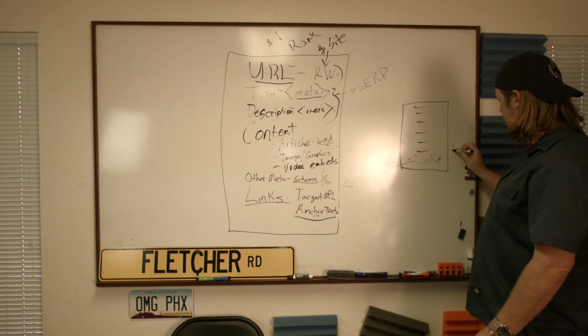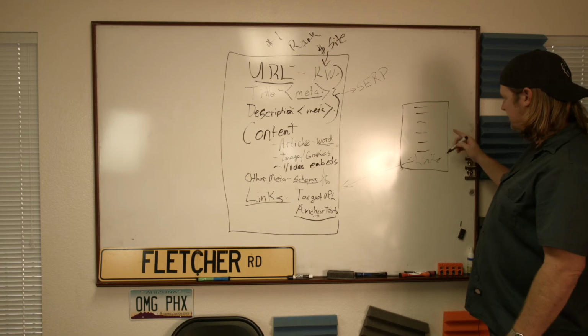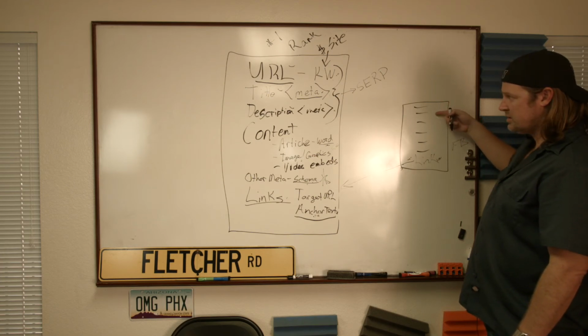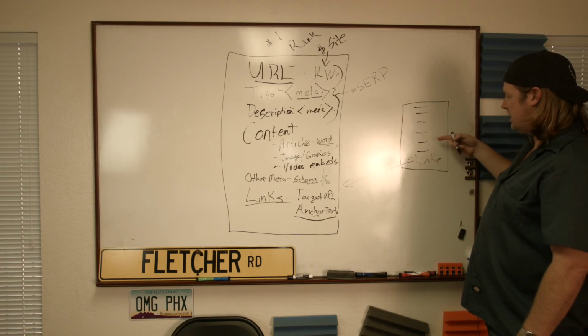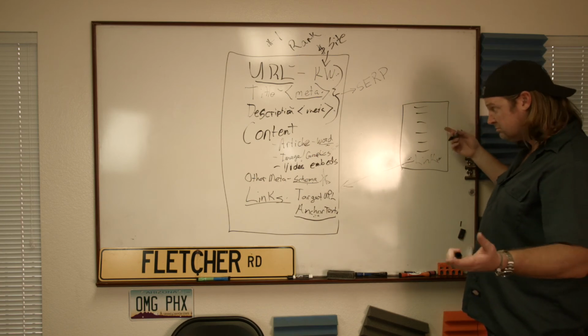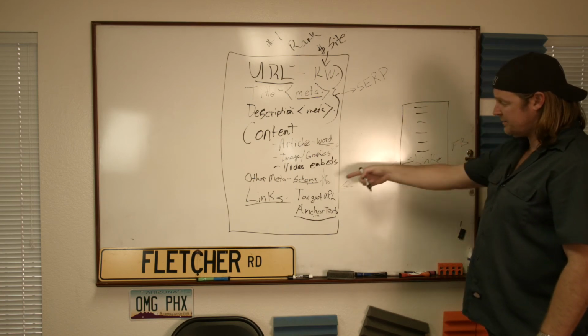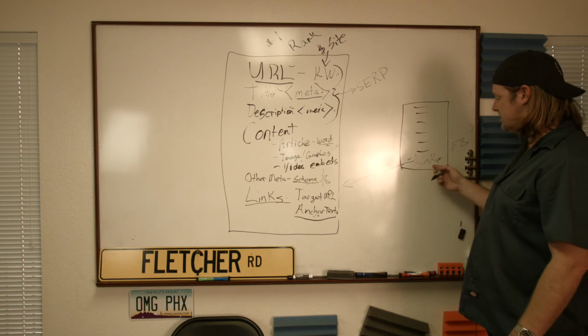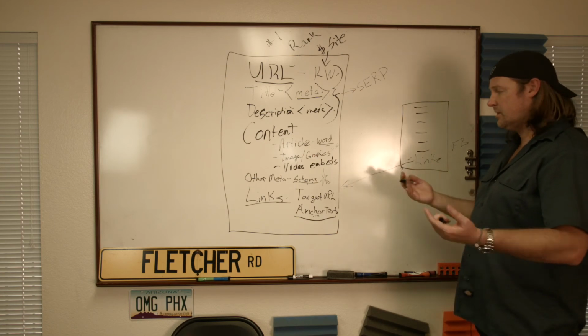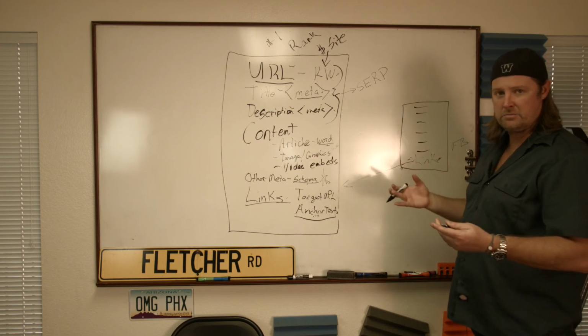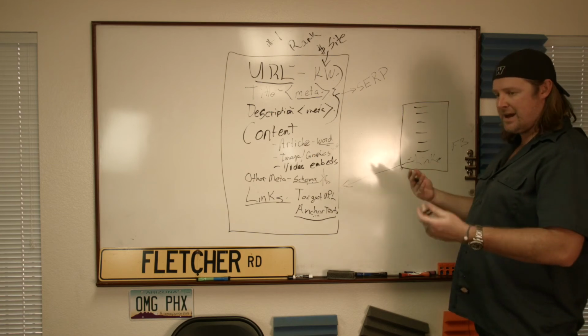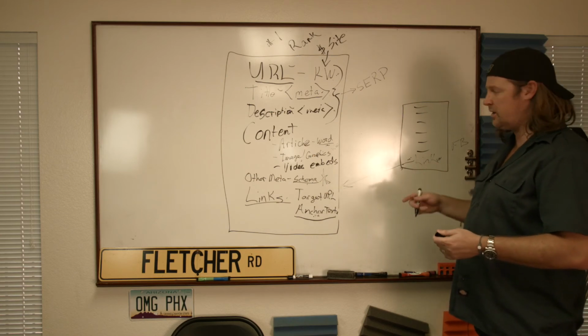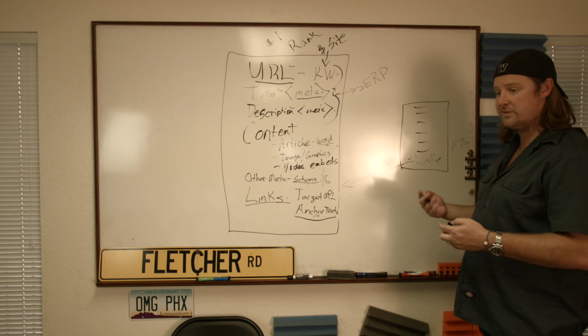Okay, so what if this was a Facebook page, right? I want to try to get URL, title, description, content, other metadata if possible, okay, and then obviously links pointing back here. Whether these links are follow or don't follow, that doesn't matter to me, quite frankly. I like to have do follow, but if it's a no follow and I have all the rest of the conditions in place, I'm happy.